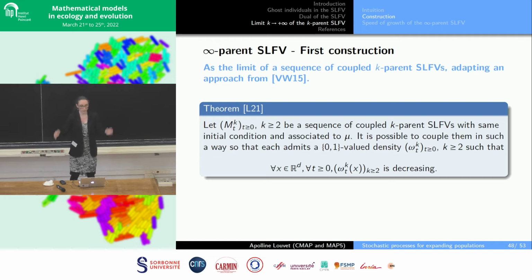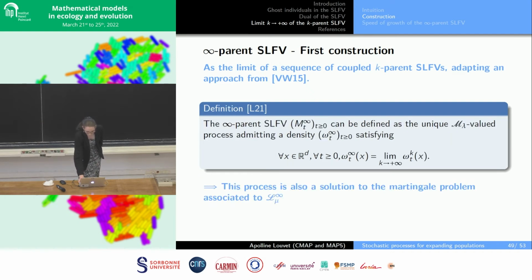So for the two-parent SLFV, we take the first two locations sampled for, say, the 42-parent SLFV, which uses 42 locations, etc. So they are all coupled together, and that ensures that, if we decide on one initial density, we can have decreasing densities and we have a limit. The limiting process is also a solution to the martingale problem, but potentially not the unique one.